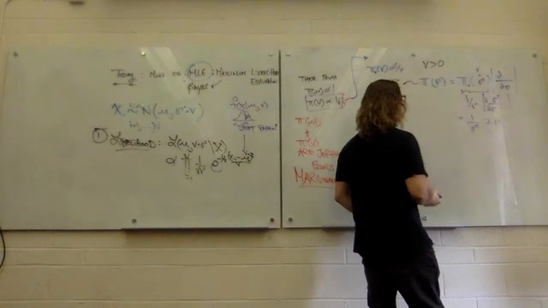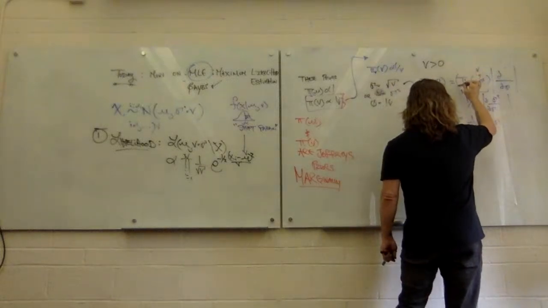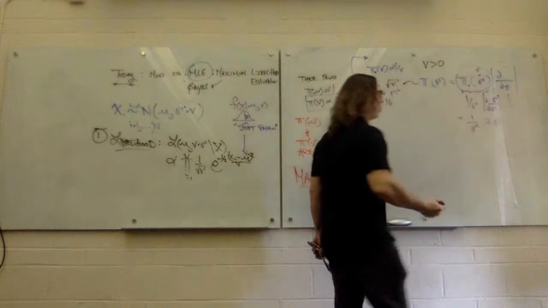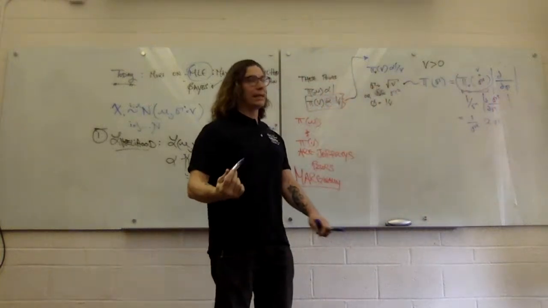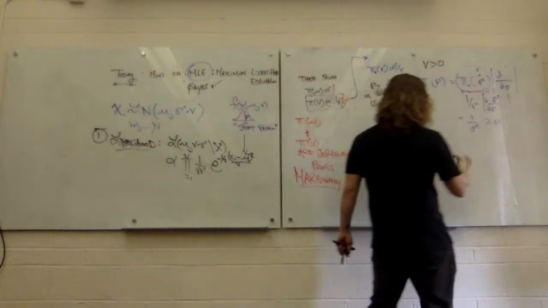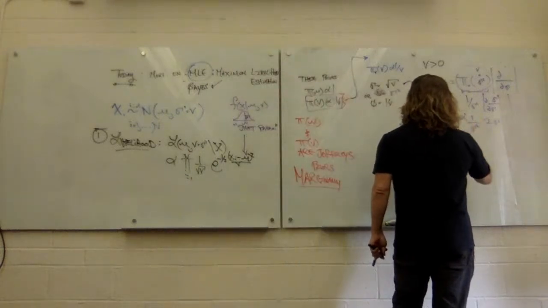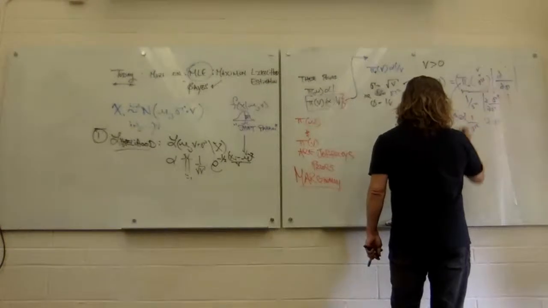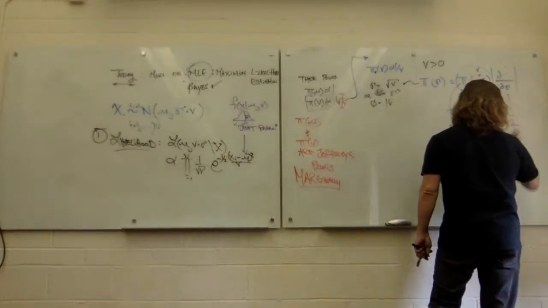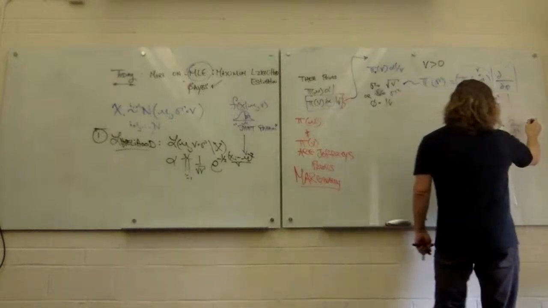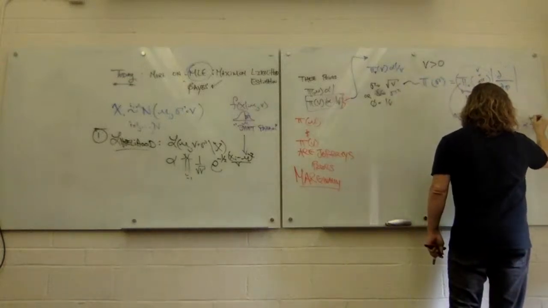I want to remind you, this thing right here, when we wrote it down, it was up to proportionality because it did not integrate. And so this is really a proportional sign down here. And so this is 2 over sigma, which is proportional to 1 over sigma.